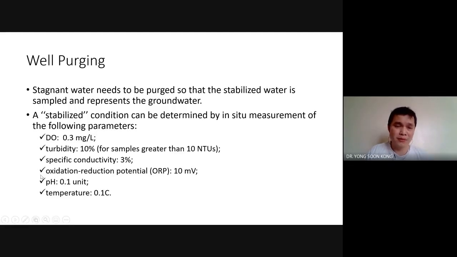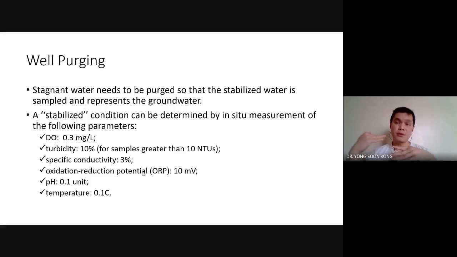And in some cases, some of the probes are already equipped with oxidation and reduction potential. Now, why is this determined? I believe you may not see this one in surface water because it's not an issue. Surface water is constantly exposed to the air. They are constantly oxidized. However, groundwater is a different story. They are subsurface.